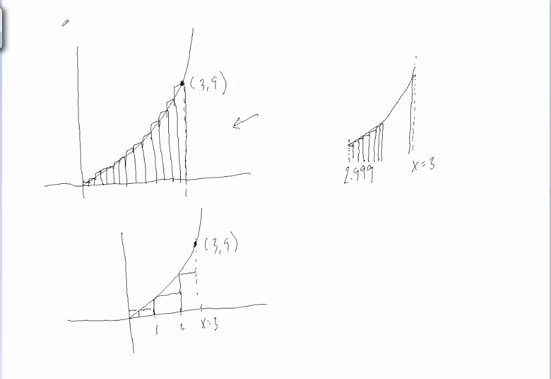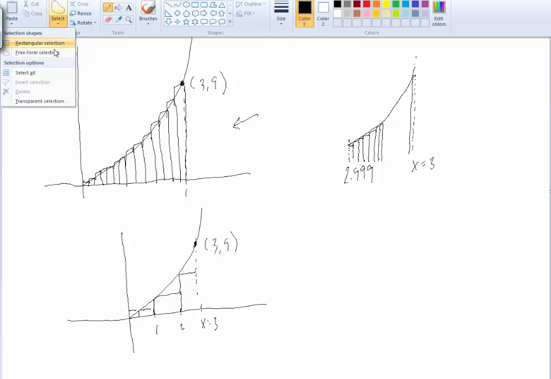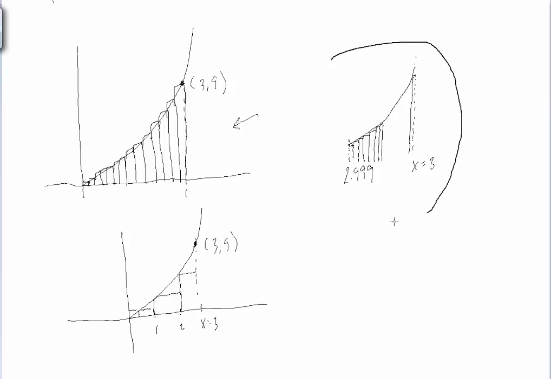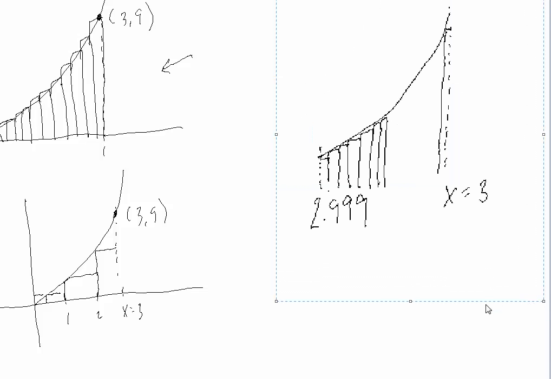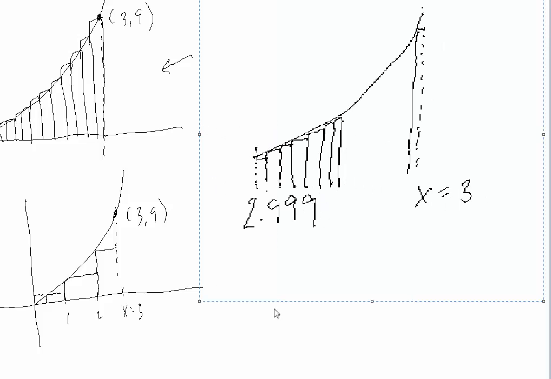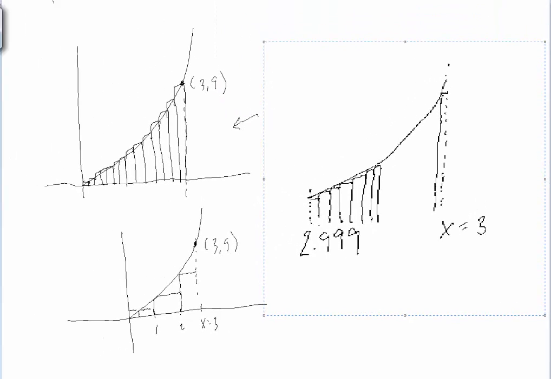Let's take a little zoom look and blow this up. We can see all these little places where we're missing out. On top of these little rectangles, there's this little space.